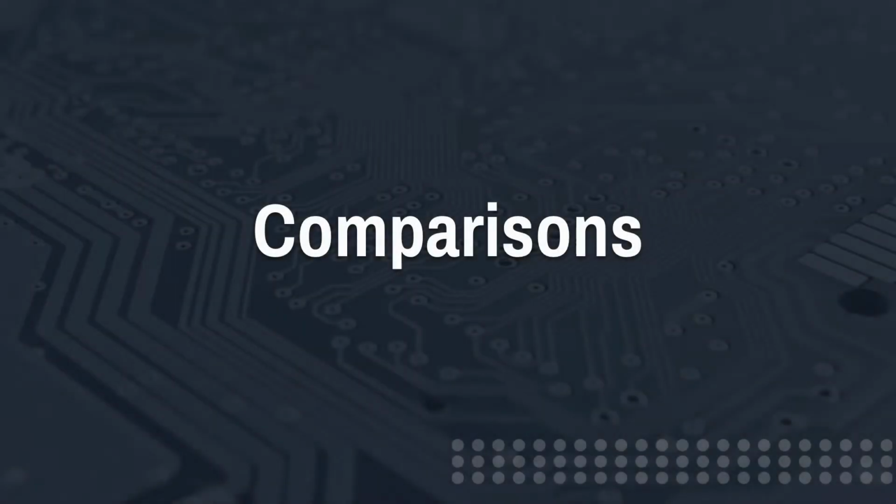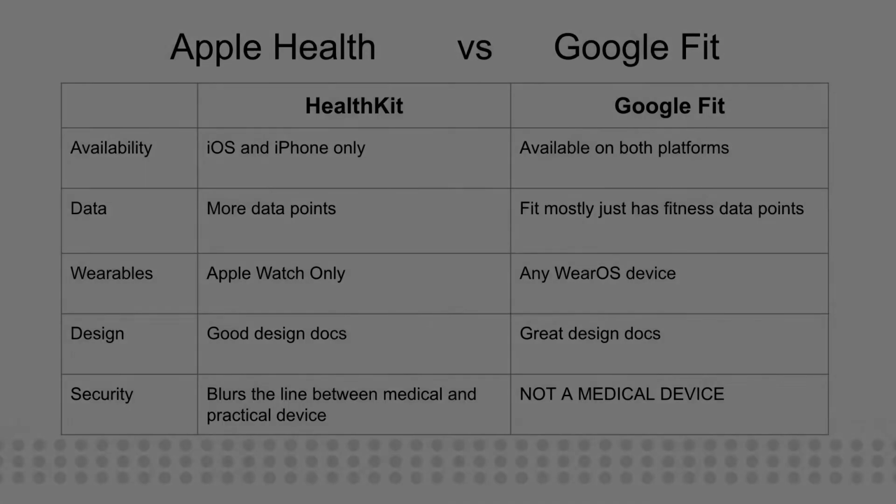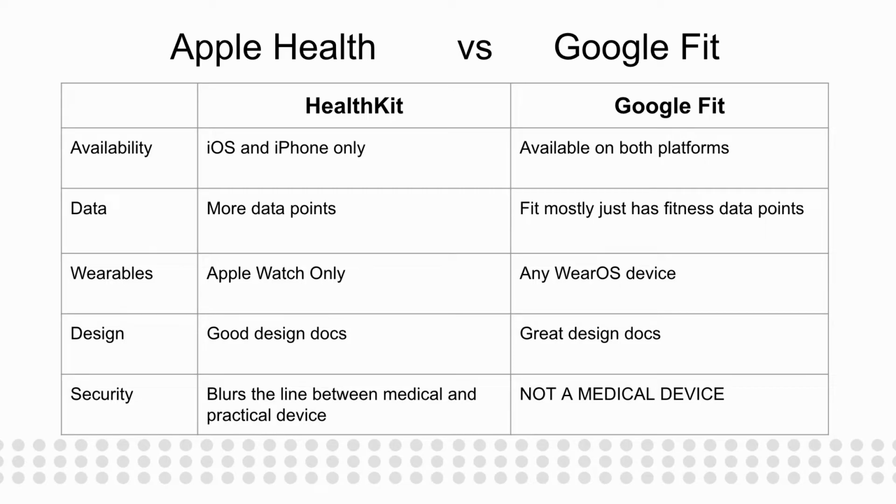So let's talk a little bit about comparisons between the two. Availability of Apple Health and Google Fit: Apple HealthKit is really only available on iOS and a little bit of macOS. Google Fit you can actually leverage on both platforms.